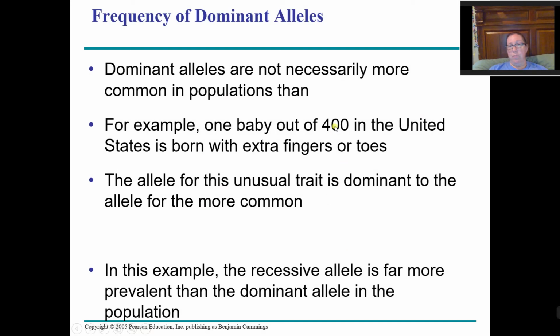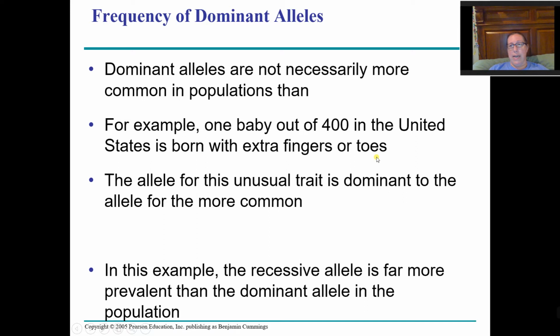So, for example, this is very interesting: you don't think of dominance as being necessarily the most common. It just means, in terms of the genes, that it's dominant to something else, right? But there's a lot of something else's. There's something else that could be dominant to it. So for example, one baby out of 400 in the United States is born with extra fingers or toes.